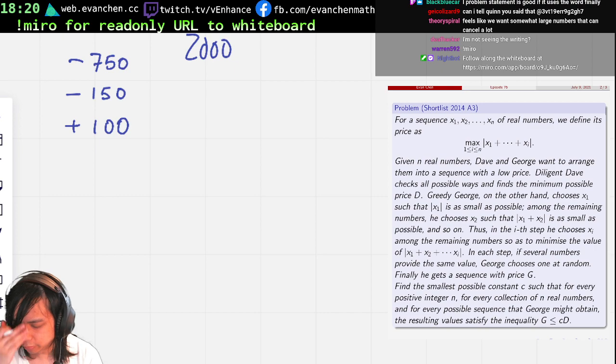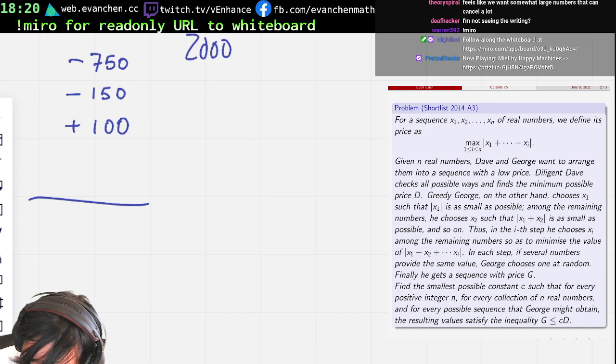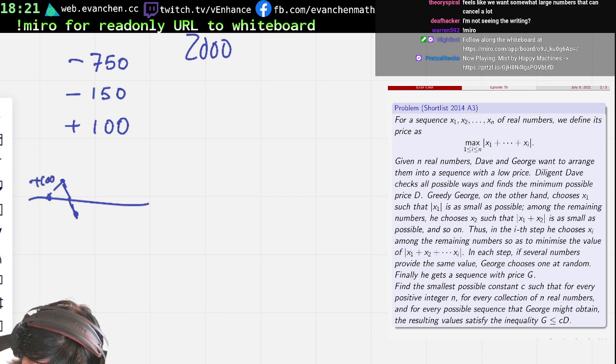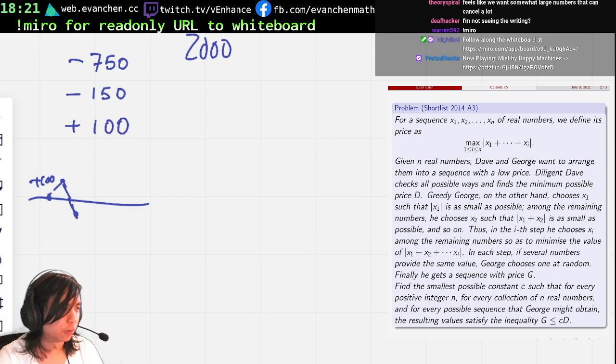Yeah, okay, so here the greedy algorithm is going to erroneously use the 100, no, 100, wait, am I stupid? I may be stupid. No, but Dave has to use the plus 100 as well. So this isn't... Ah, crap. No, no, this doesn't work.